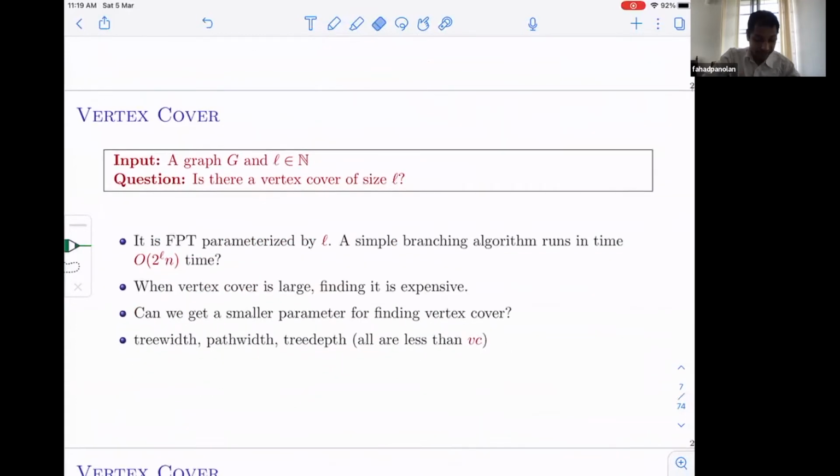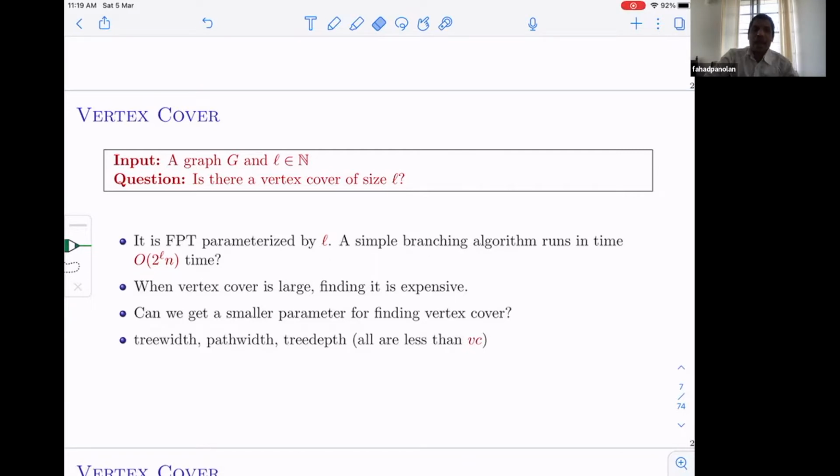Say for example, tree width, path width, tree depth, all these width parameters or structural parameters are less than the vertex cover number. In fact, tree width is less than or equal to path width, which is less than or equal to tree depth, which is less than or equal to the vertex cover number of a graph.